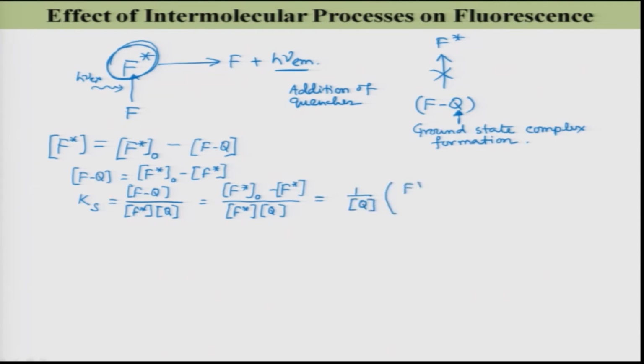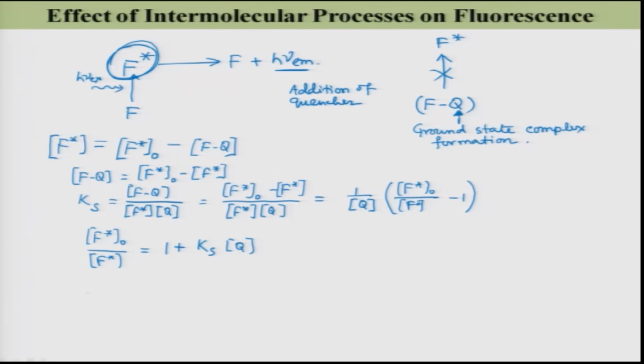into F star 0 by F star minus 1. So, rearranging, F star 0 by F star is equal to 1 plus Ks into Q, and this F star 0 by F star is nothing but I 0 by I, that is what I argued.